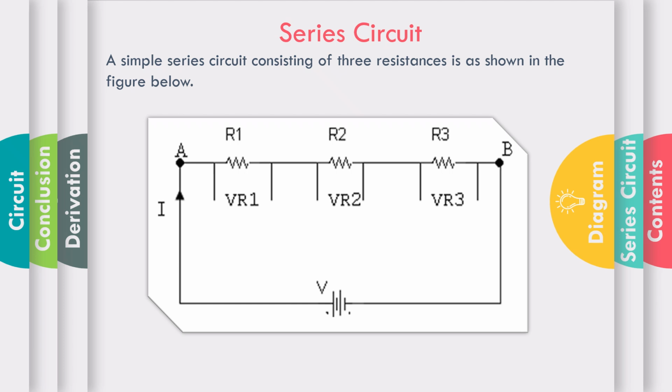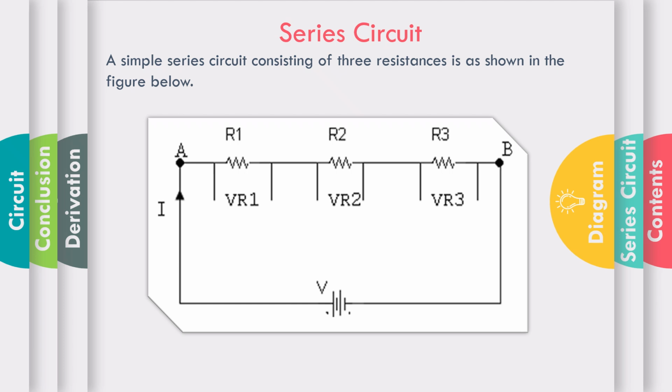And the remaining two ends are connected to the power supply, meaning what? The starting point of resistance R1, that is point A, and the ending point of resistance R3, that is point B. These 2 points are connected to the power supply, or voltage source, or battery, it can be said. Here we are saying that A and B are connected to the power supply.